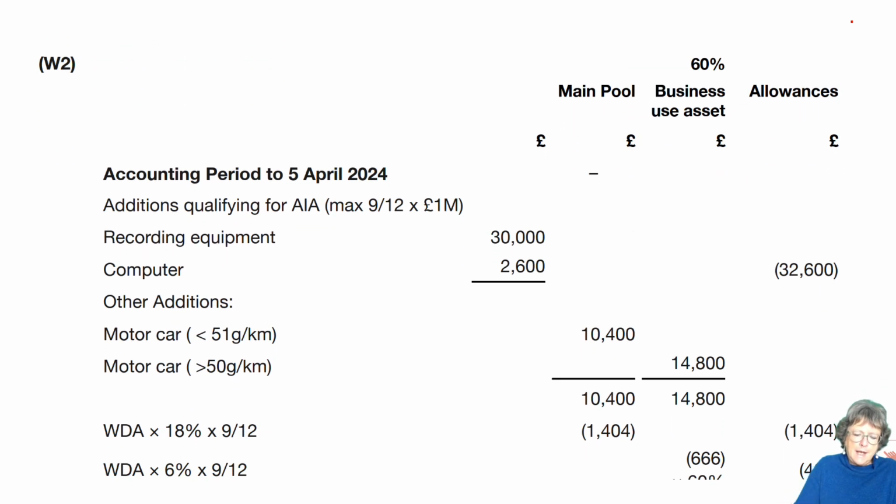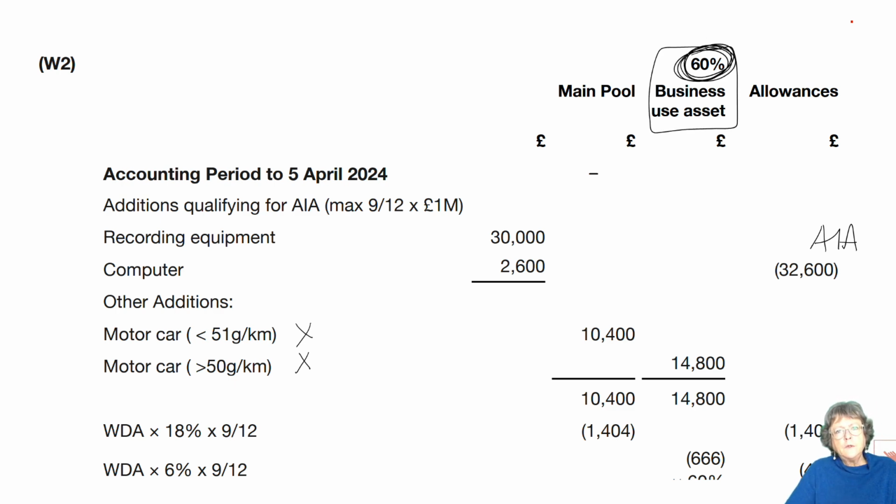We have it all new, so there's nothing brought forward. The recording equipment and the computer, we're going to get a full AIA on. So that's AIA in full. Then we put the 2 cars in according to their CO2 emissions. And obviously this is a private use asset. It's worthwhile writing that percentage down so that you make sure that you've got all the information from your question in your answer.